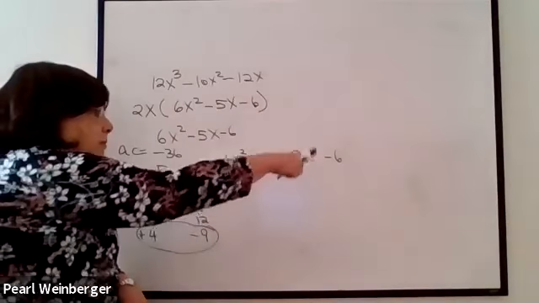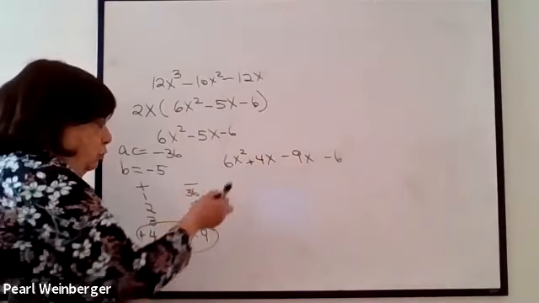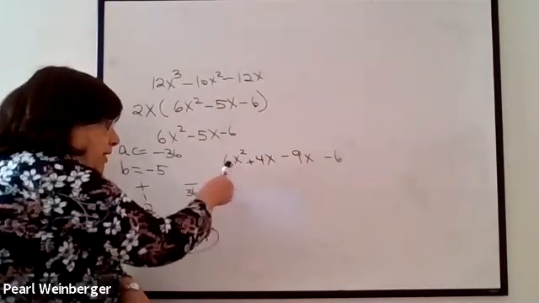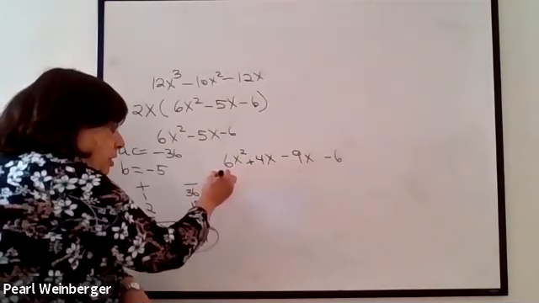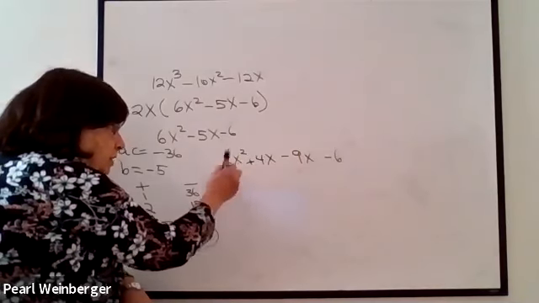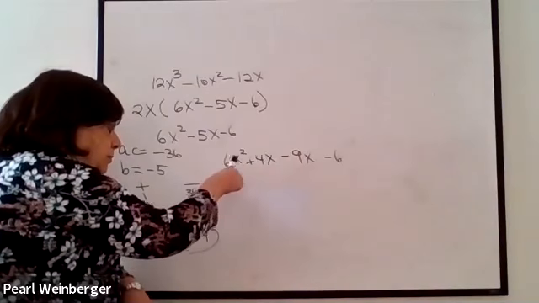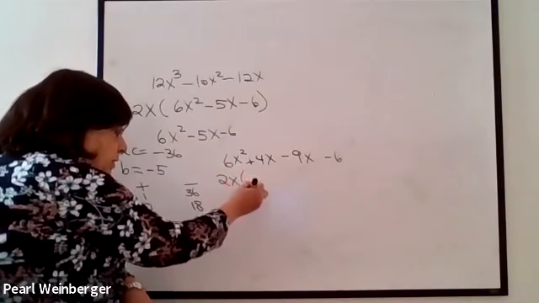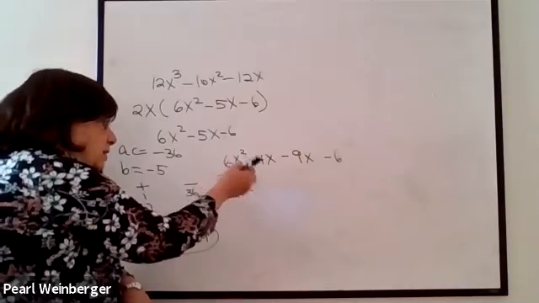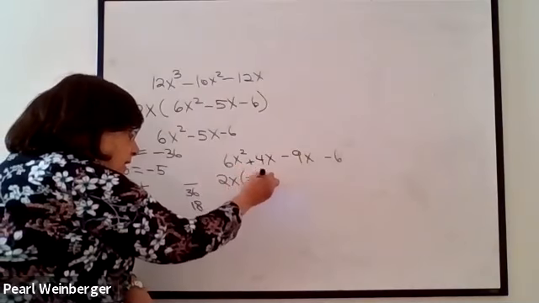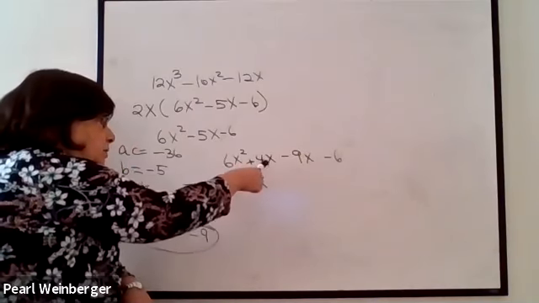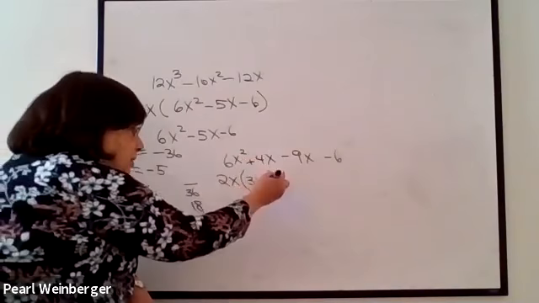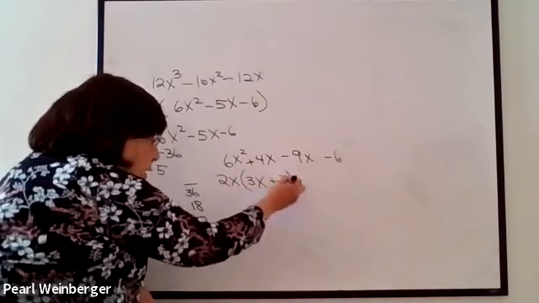And now I have my 4 terms, so I can use grouping. In my first group, I have a common factor of 2x, because 2 goes into both of these numbers and x goes into both of them. And 2x into 6x squared gives me 3x. And 2x into 4x, the x's cancel out, and I'm left with just 2.